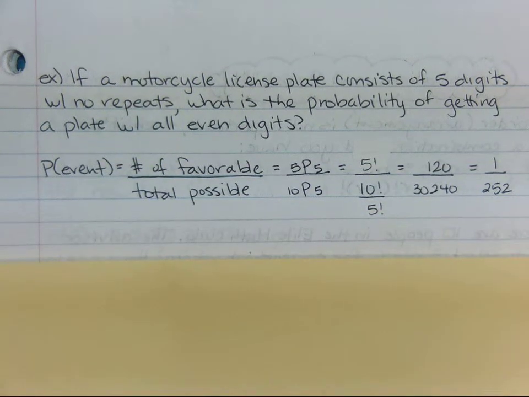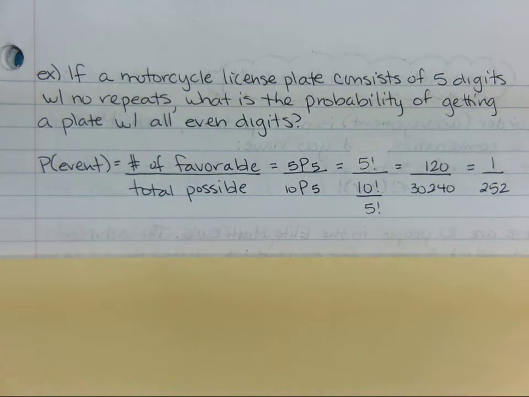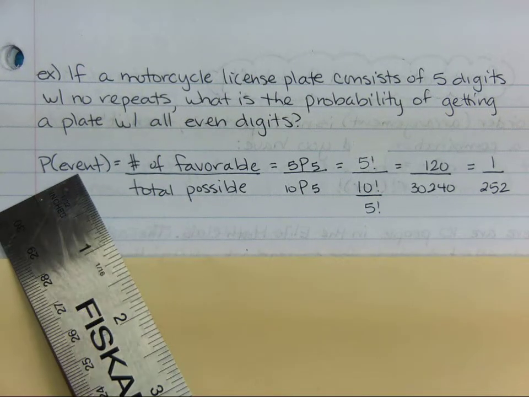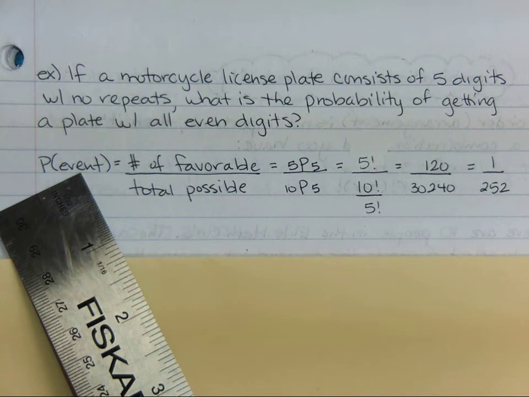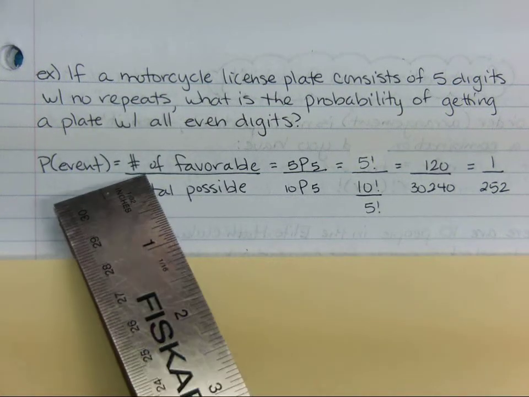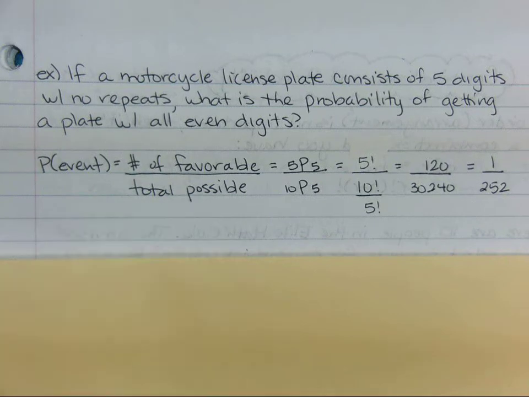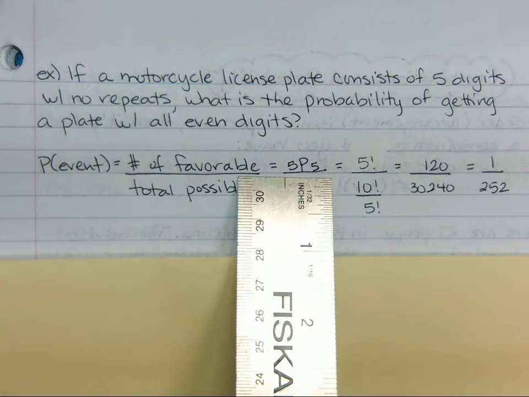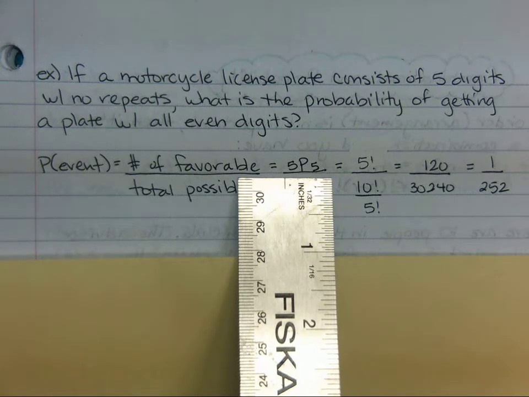And so here is how we're going to shortcut some of our information. We're going to set it up just like probability before. The probability of the event that I am being asked about, getting a plate with all even digits, is the number of favorable outcomes divided by the total possible. The number of favorable outcomes is going to be getting 5 of the 5.